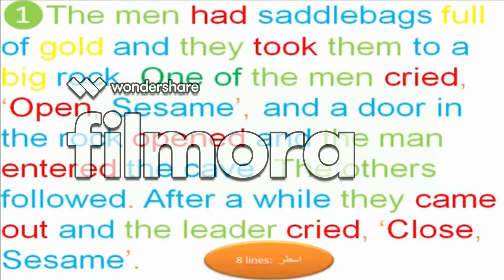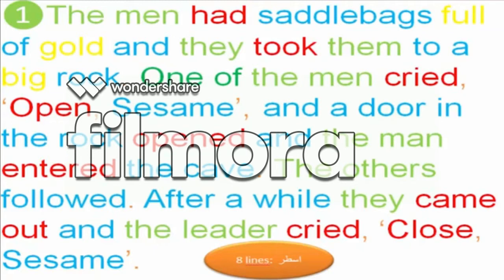The others الآخرون. Notice here there are 40 thieves. عنوان القصة هو Ali Baba and the 40 Thieves، علي بابا و40 حرامي. إذن هنا باقي الرجال، the others الآخرون، followed اتبعوه، بمعنى دخلوا وراءه إلى the cave الكهف.